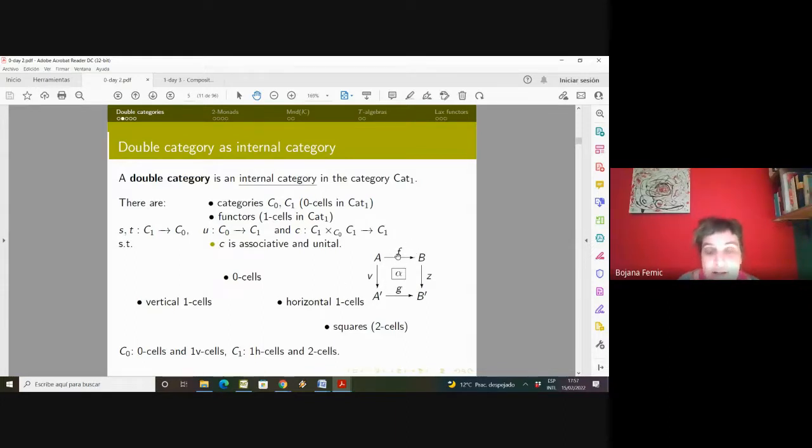So imagine that this F is identity on A, and in this case, B will be equal to A. While on morphisms, so for a vertical one cell V in this case, the functor U will give the square alpha, which will be identity on V. So remember that above F is identity when U acts on objects, and below G is identity on A prime in this case.